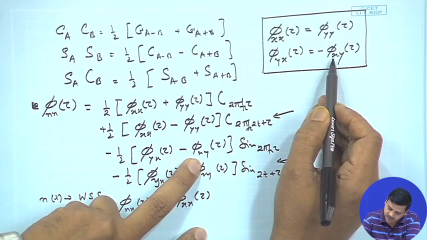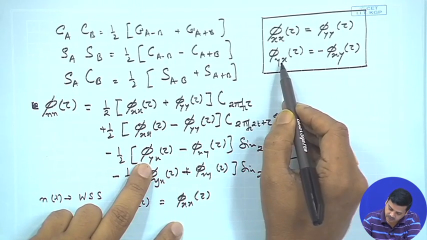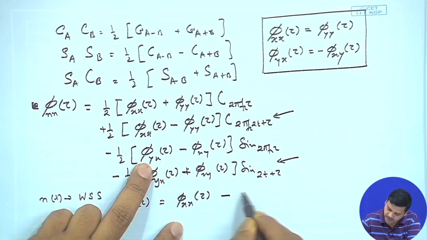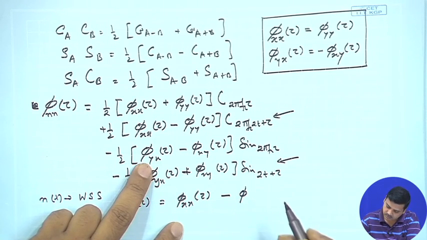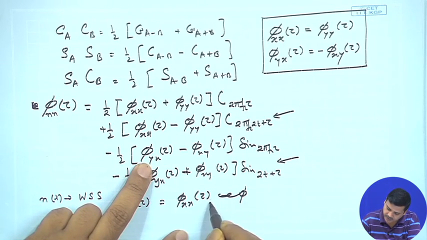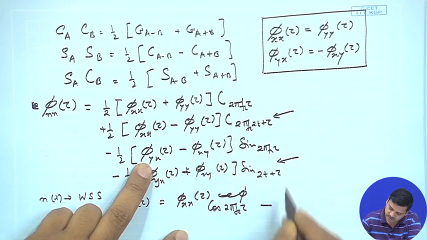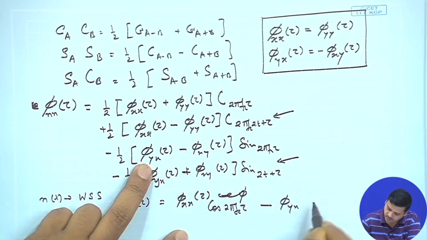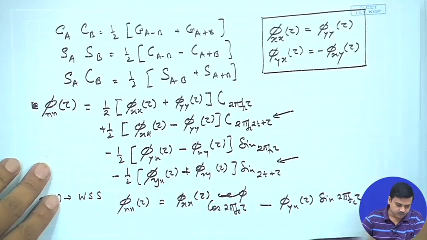So we have phi xx times cos 2 pi f c tau minus, because of this, phi yx of tau sine 2 pi f c tau.